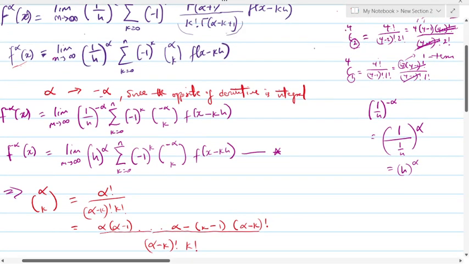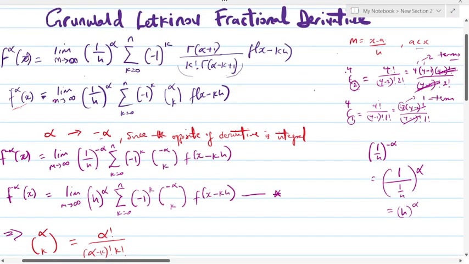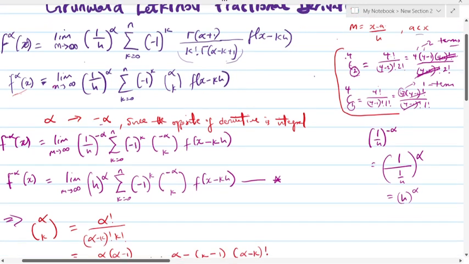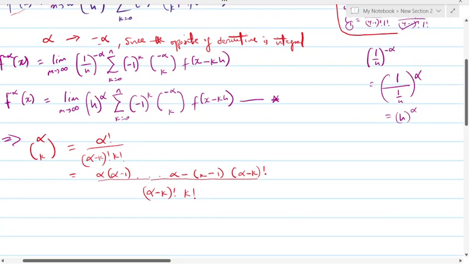Follow this quick example we did here. So now this alpha minus k factorial will cancel this.